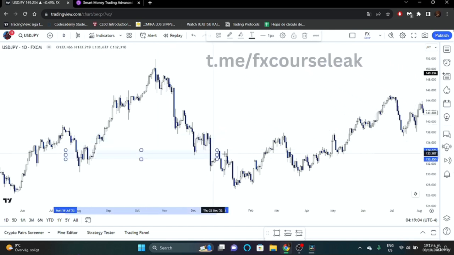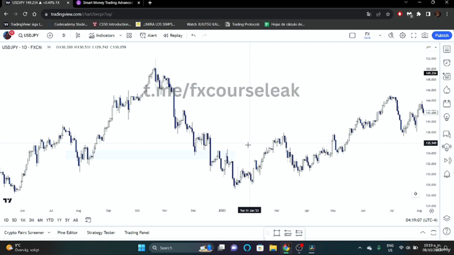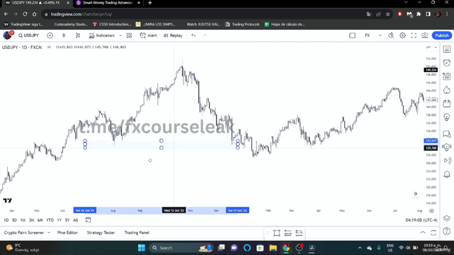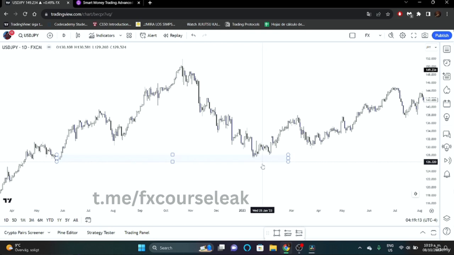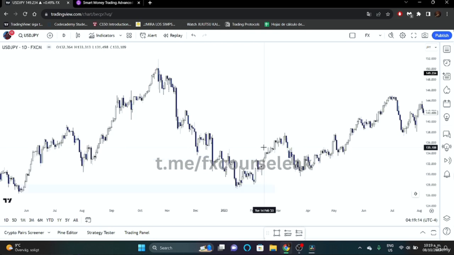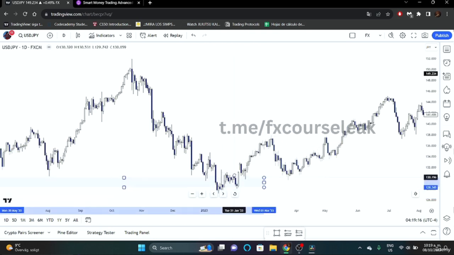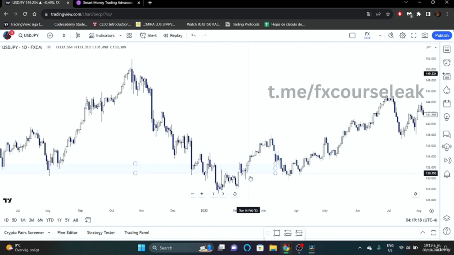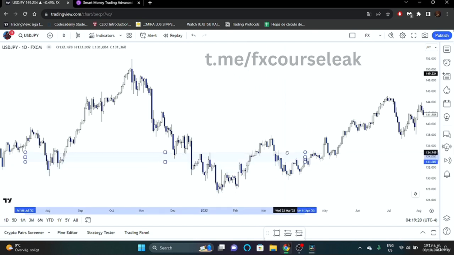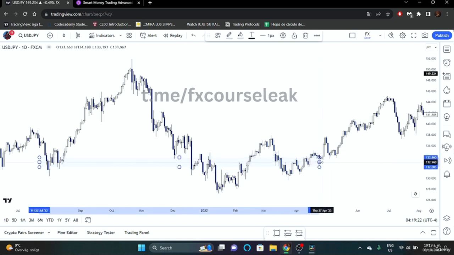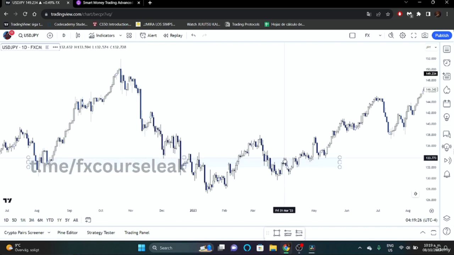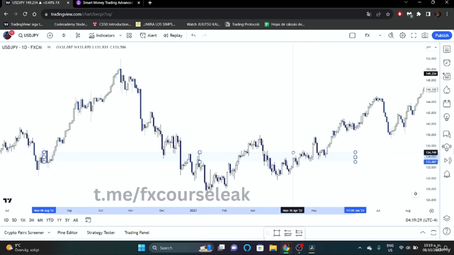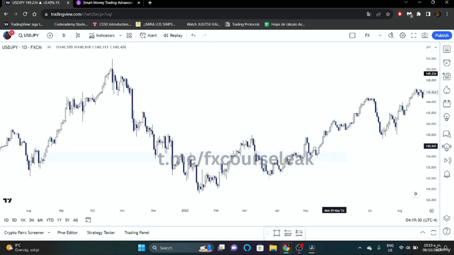It accumulated here, it accumulates over here again. Same thing here. Once we break through, we accumulate. Once we break through, we accumulate.